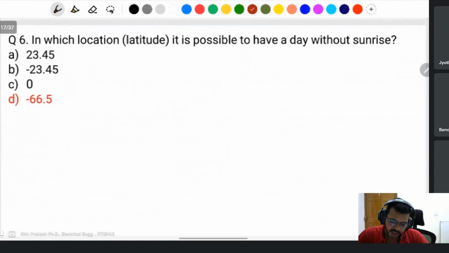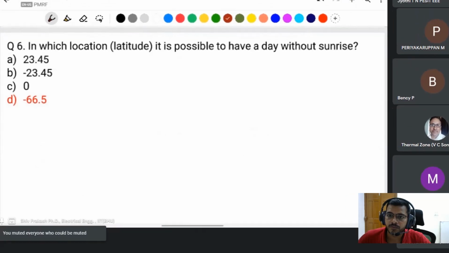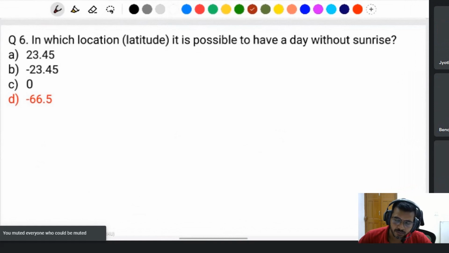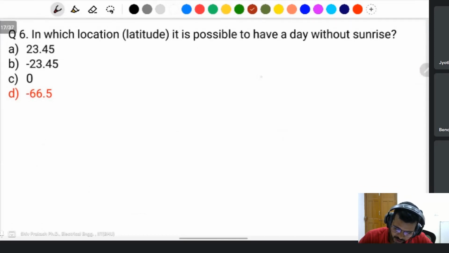Okay, in which location or altitude is it possible to have a day without sunrise? Know about the Earth. Earth is tilted at an angle of 23.5 degree.